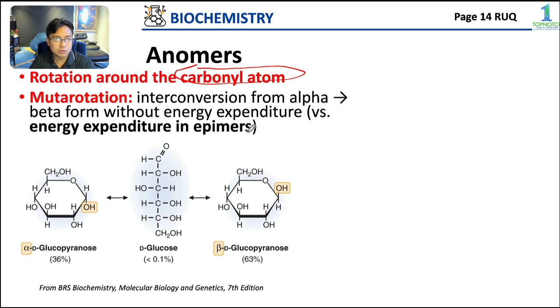Now, to interconvert between the alpha to beta or beta to the alpha, ang tawag dyan ay mutarotation. And it occurs without energy expenditure. In contrast, when you perform enantiomerization and epimerization, kailangan mo ng energy. But in anomerization, hindi mo kailangan ng energy.